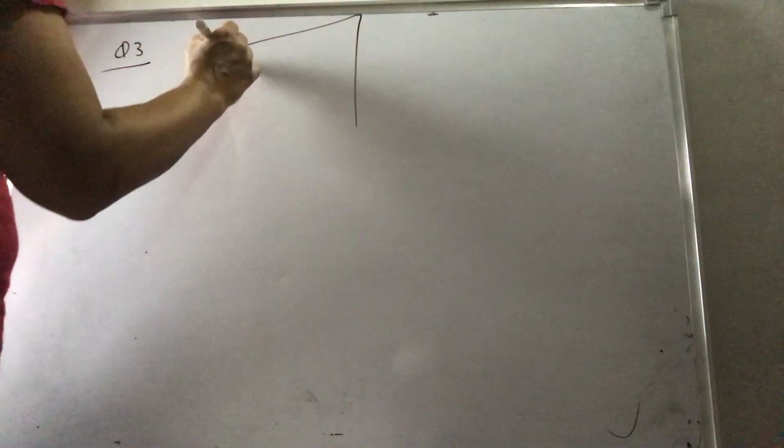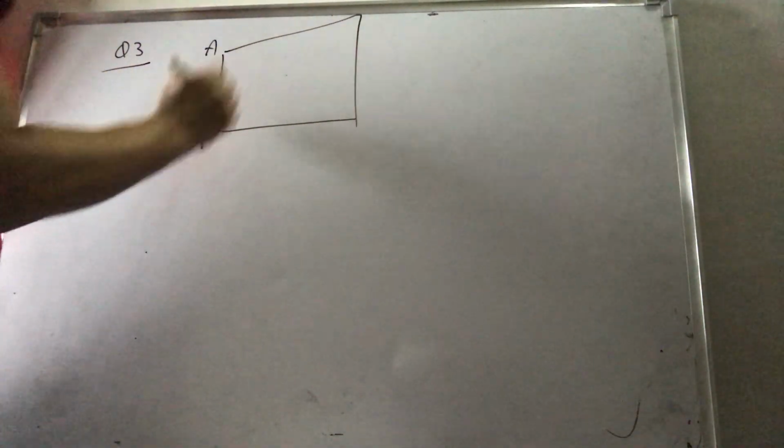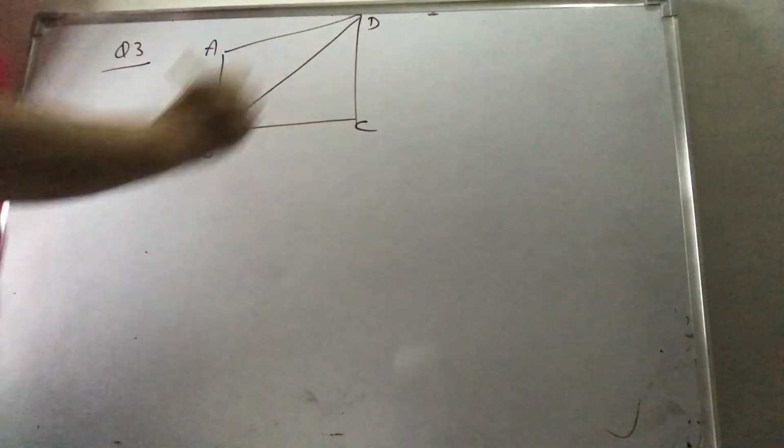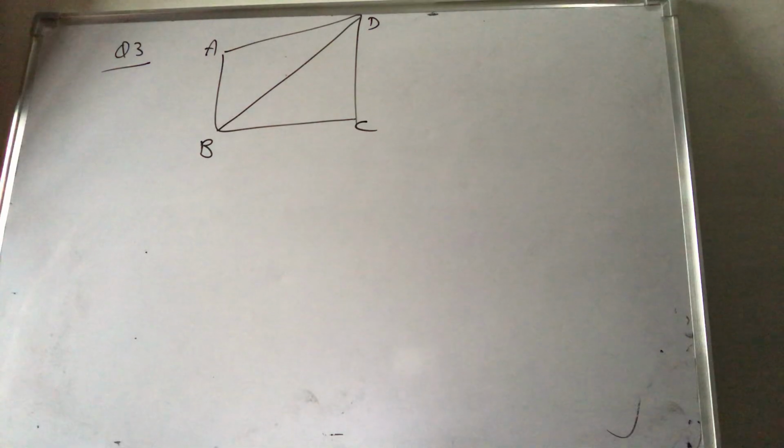Which of the following is the shortest distance from A to B? This is a quadrilateral ABCD, and a diagonal BD is drawn here.